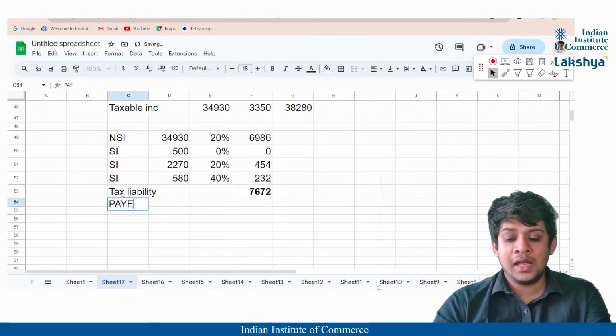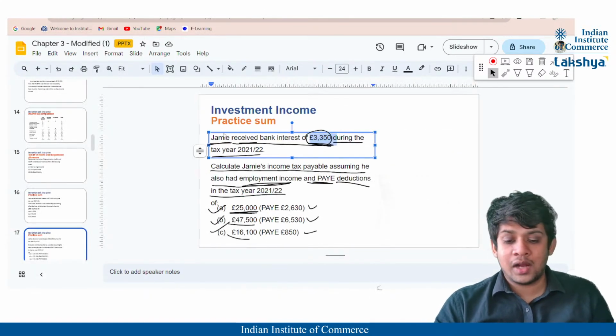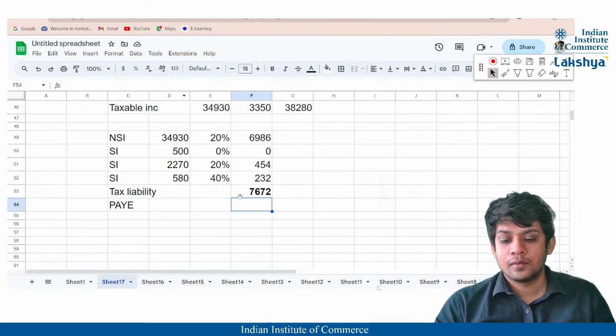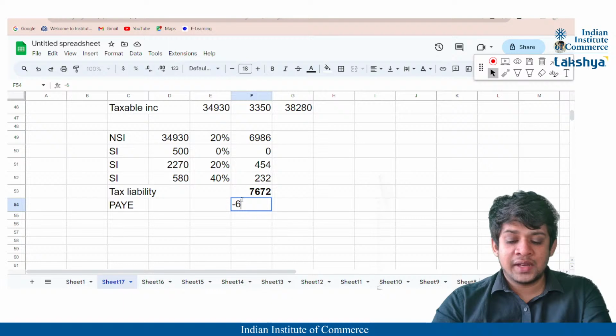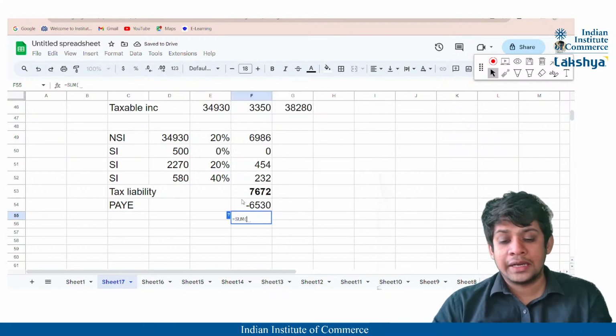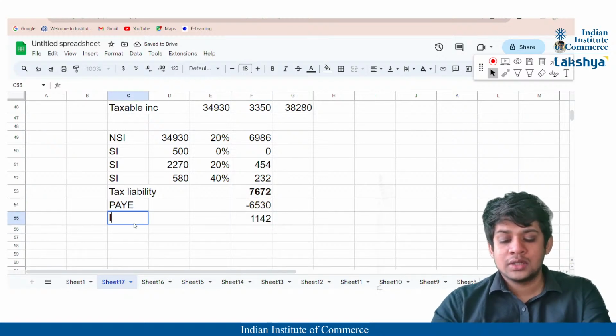From this, obviously the PAYE will be deducted, and that is for this question provided to be 6530. So 6530 I've already paid for the tax. So technically the remainder amount which is to be paid is 1142. That is my tax payable.